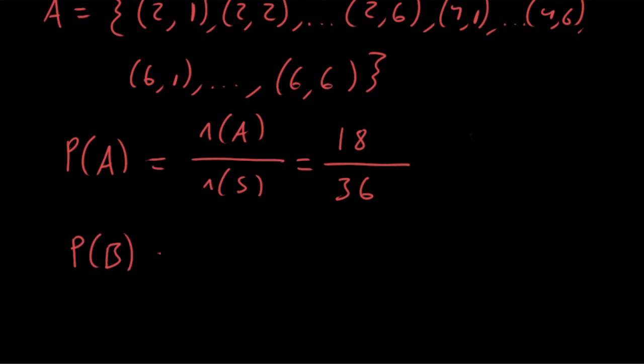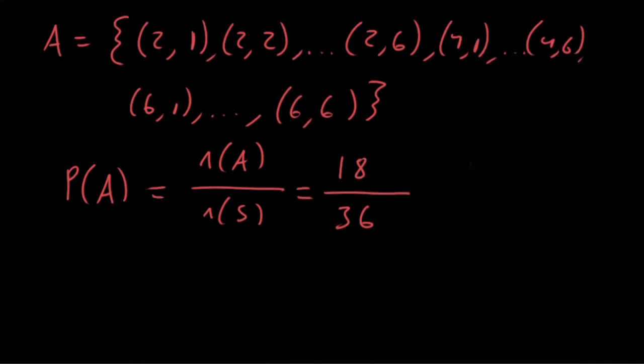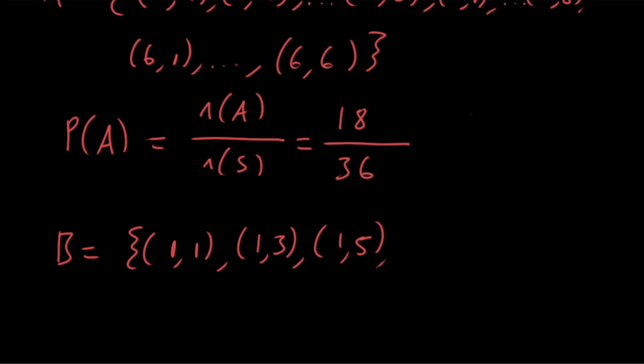Probability of B. Oh, we got to figure out what B is first. So B is, the dice are both even or both odd. So B, both even or both odd: 1,1; 1,3; 1,5; 3,5; or 3,1.